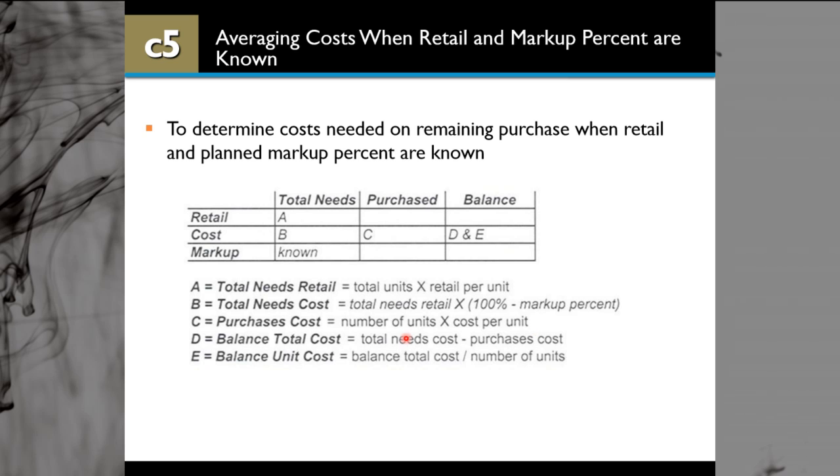And you can calculate the total cost if you know that, because that's going to be total needs at cost minus purchases at cost. And then you can calculate your balance unit cost. So like how much it needs to cost at most. So that's going to be balance total cost divided by number of units.